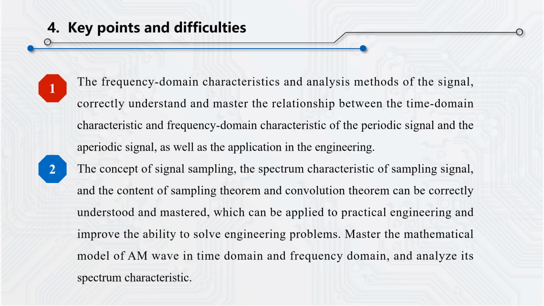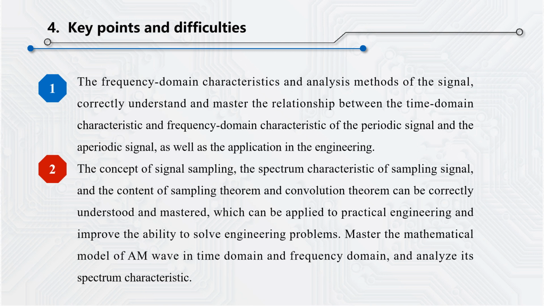The key points and difficulties of this part are first, the frequency domain characteristic and analysis method of signal. How to correctly master the relationship between time domain and frequency domain characteristics of periodic signal and aperiodic signal and its application in engineering.